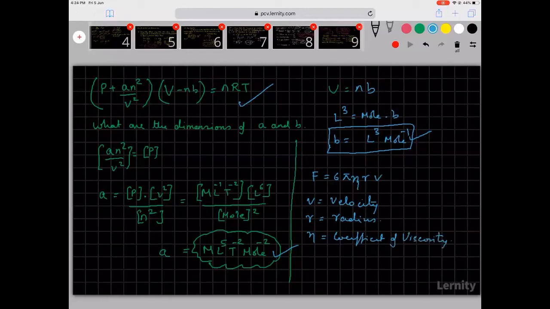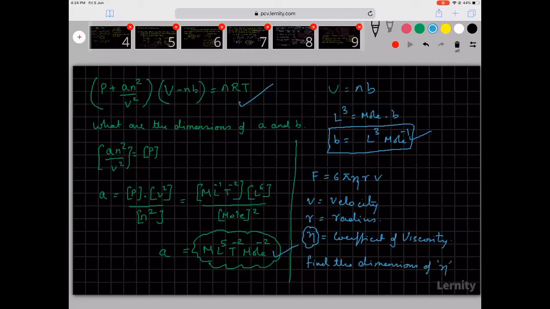The question is, find the dimensions of eta.